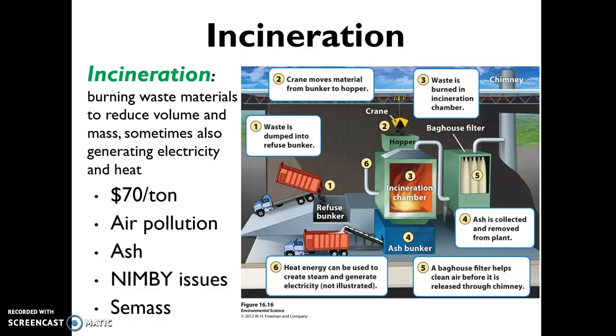That's done on these giant moving belts, by magnets and by hand, people monitoring the belts as the trash comes through. Then once we have just material that can be burned, that goes into a hopper, and it's burned in an incineration chamber. And not shown here, but the incineration can heat water and turn a turbine, just as we've seen with those other sources of turbine energy creation, and that can create electricity.